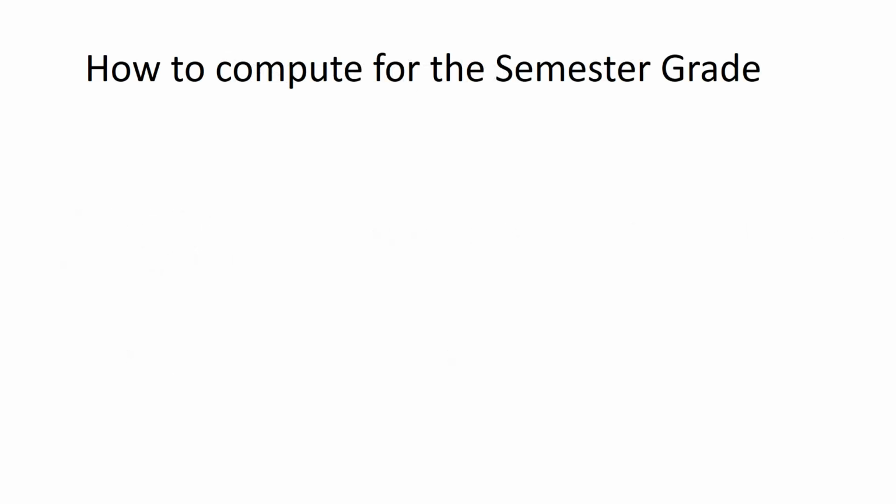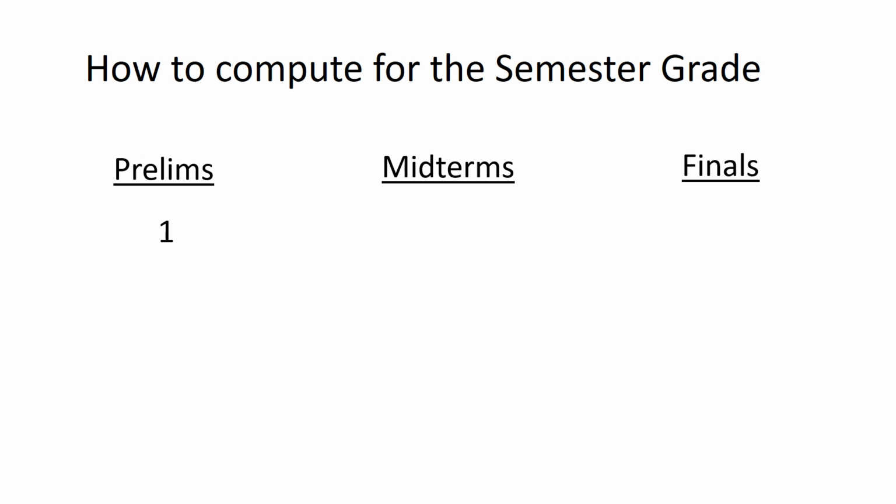Now, I will be answering how your grades will be computed for the entire semester. But first of all, let me remind you that the semester is divided into 3: the prelims, the midterms, and the finals. In prelims, all your accomplishments, your submissions, and your scores will be generated as the sole basis for your grade in prelims.